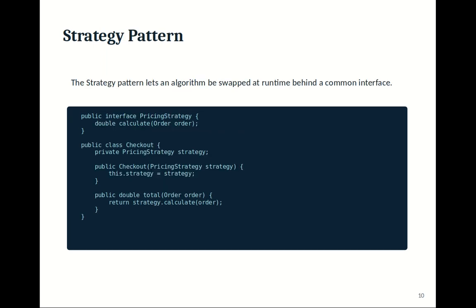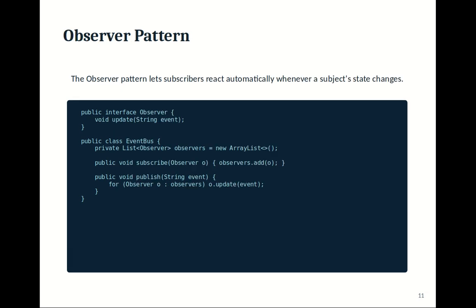Strategy pattern. A strategy pattern lets an algorithm be swapped at runtime behind a common interface. Observer pattern. The observer pattern lets subscribers react automatically whenever a subject state changes.